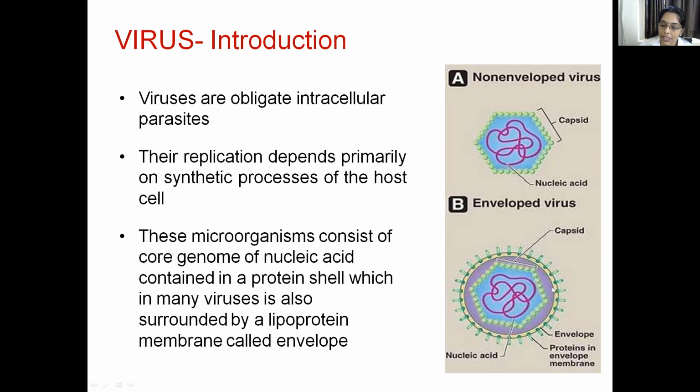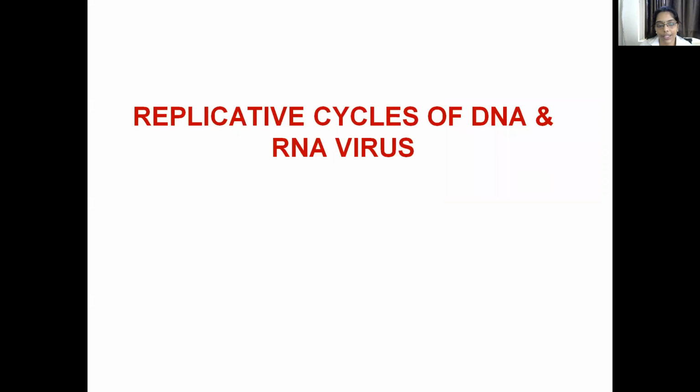So the basic structure of a virus consists of a nucleic acid surrounded by a protein coat called the capsid, which may or may not be surrounded by an envelope. If it is surrounded by an envelope, it is an enveloped virus, and if the envelope is not there, it is a non-enveloped virus.